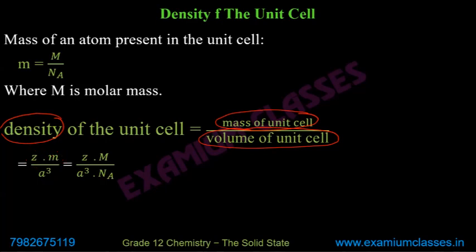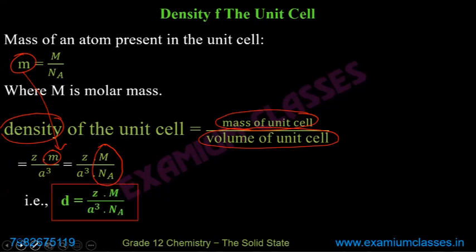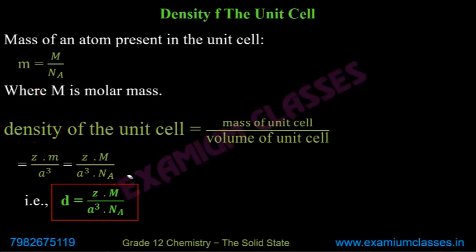Then this M you substitute from here, capital M divided by Na. So effectively you got density equals Z into molar mass divided by a cube into Na. You need to memorize this formula. Direct formula-based questions will be asked. There is a rare possibility that a derivation can be asked, very rare, but numericals are very common based on the direct formula.